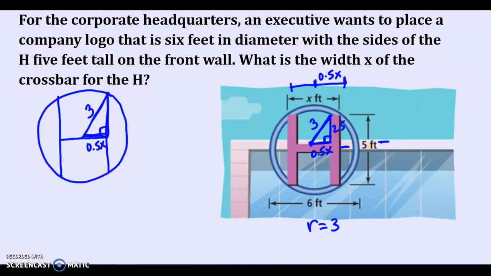So halfway up here would be 2.5. So that means that this piece right here is 2.5, half of that H height. So essentially what I'm doing is Pythagorean theorem, which we have done a lot of lately, with 0.5x, 2.5 here, and my radius of 3 right here.